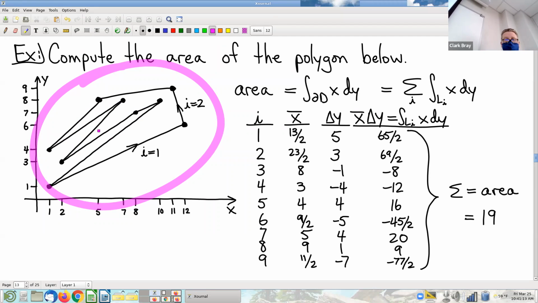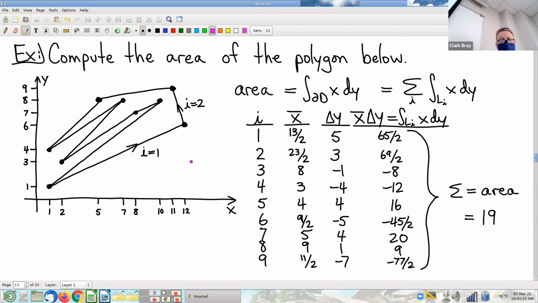But it's very, very straightforward to do this calculation we just talked about, because each one of these line segments, let's take that one, for example, each one is easy to work with. So let's take, again, this first line segment. What is the average of the x coordinates? What's the average of 1 and 12?